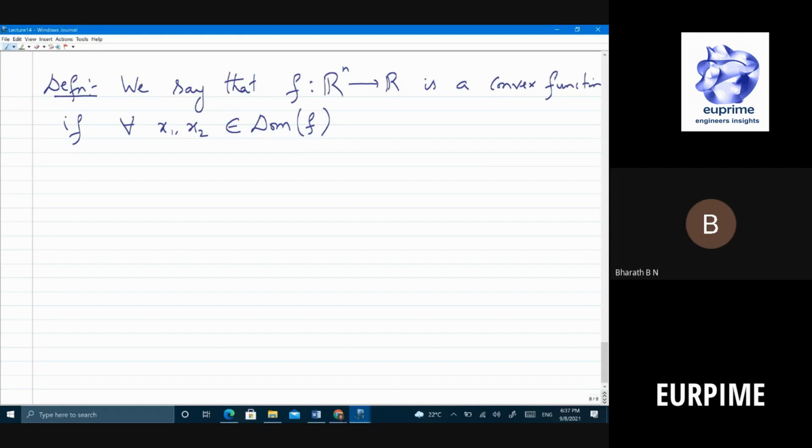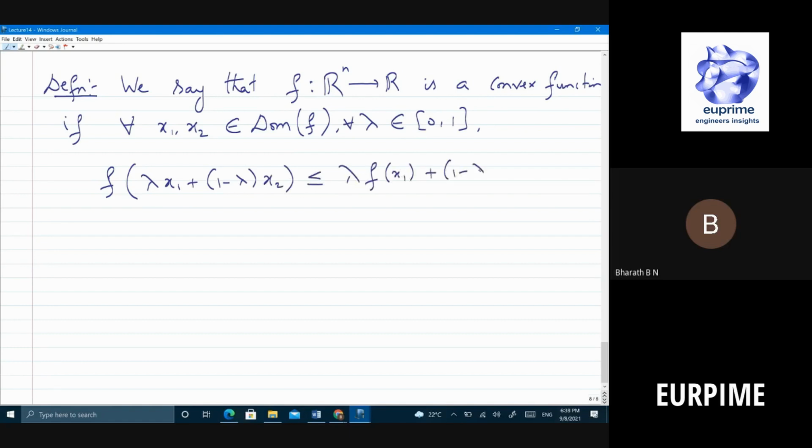Okay, domain of the function, lambda belonging to 0, 1, for any x1, x2, and for any lambda belonging to this, f of lambda x1 plus 1 minus lambda x2 is less than or equal to lambda f of x1 plus 1 minus lambda f of x2. Right? This is how you convert geometry into Greek and Latin, called math. Okay, so we have this definition.